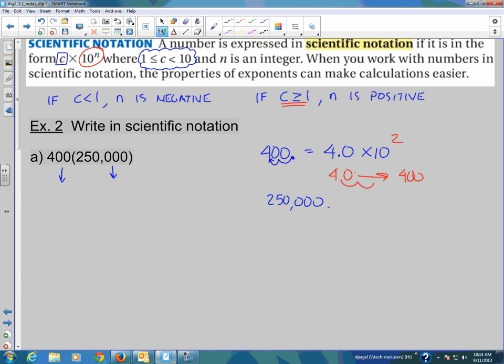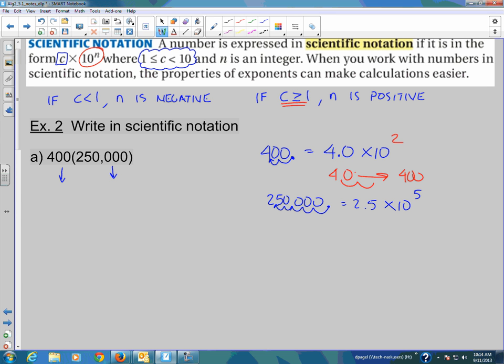Your decimal is at the end of the number, and it would have to move 5 places to create 2.5. And because 250,000 started as a number greater than 1, my exponential value will be positive. And again, thinking about where would I take the 2.5, move the decimal 5 places to the right, and I get 250,000.